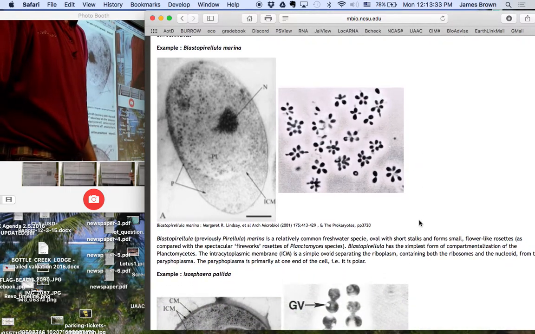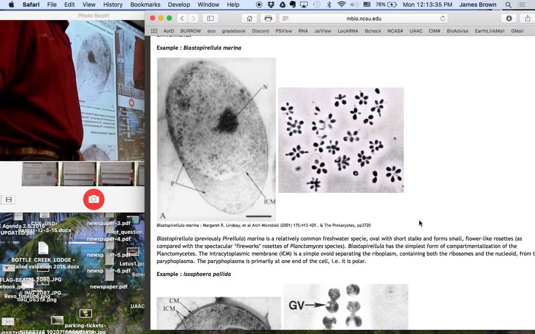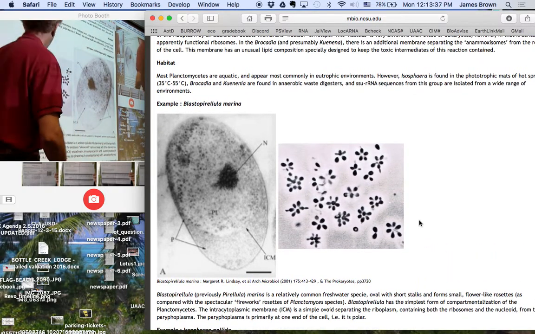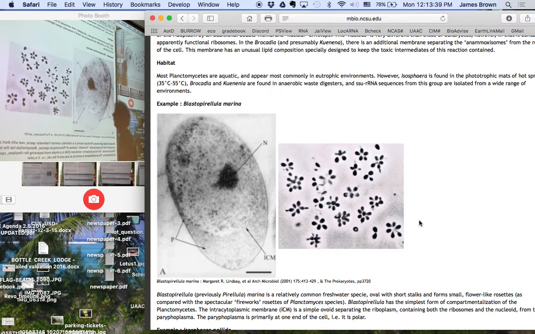So here's Blastopirellula marina. Nice rosettes. We see these in labs sometimes. Here's what the cell looks like. And the picture doesn't quite do it justice, but I think you can see they have a single cytoplasmic membrane. They don't have an outer membrane. This is the cytoplasmic membrane out here.